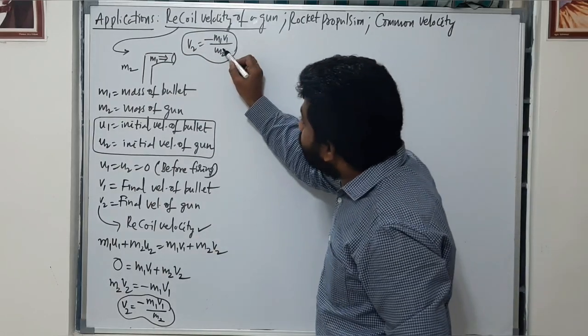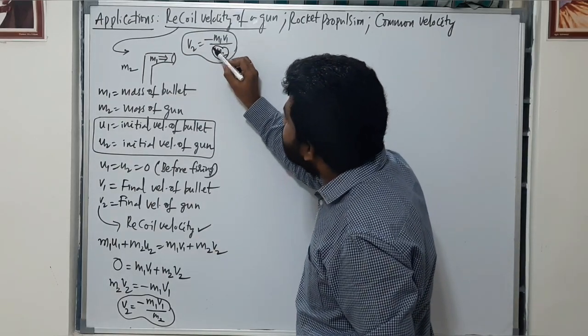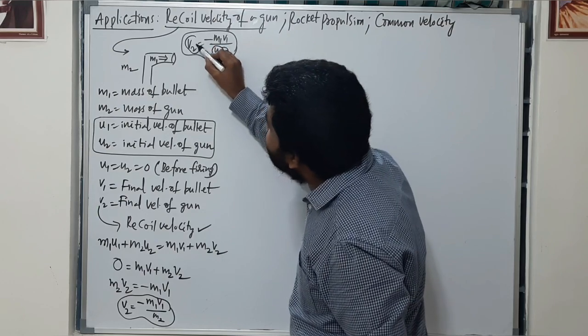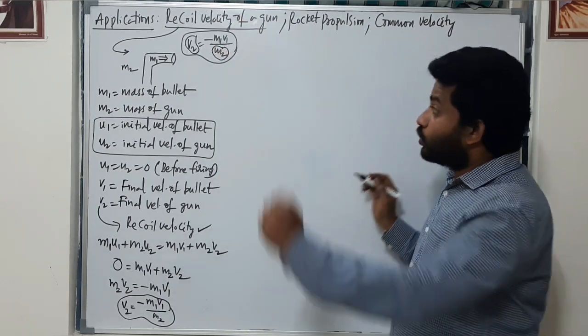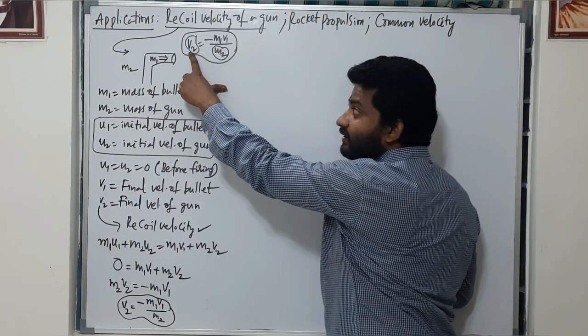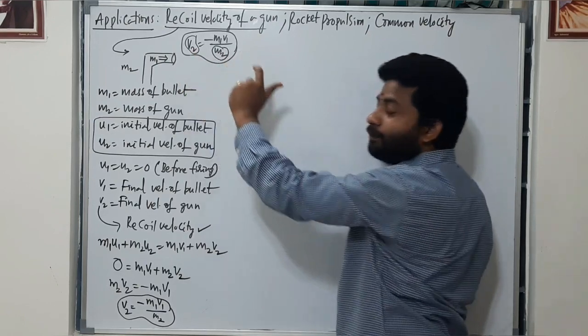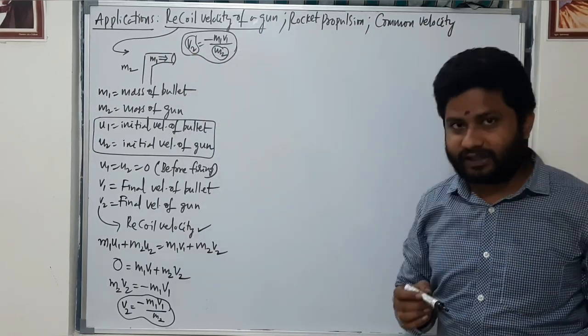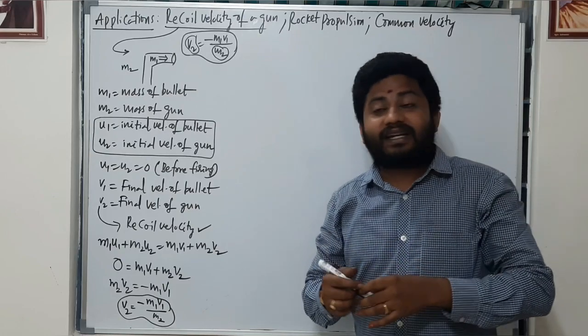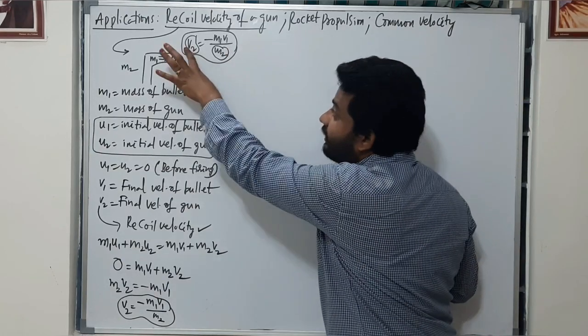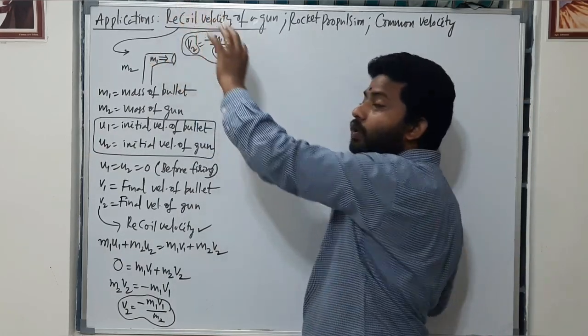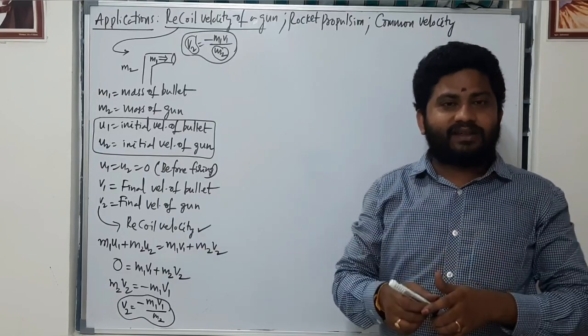And these two are inversely proportional. If you carefully observe, you'll understand this, right? So recoil velocity of a gun is inversely proportional to the mass of the gun. When the mass of the gun is less, recoil velocity of it will be more. That's the reason.